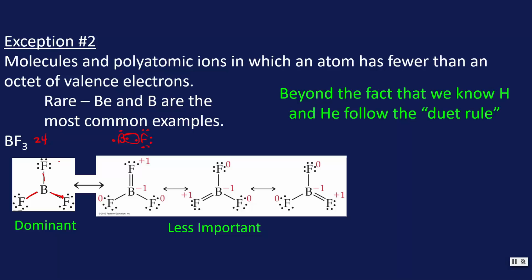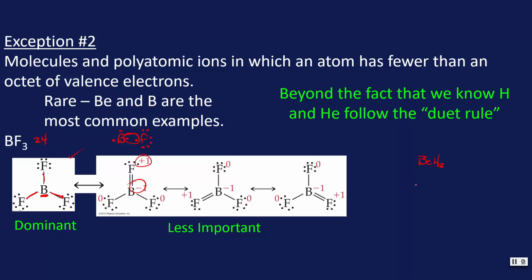We have the perfect number of valence electrons, but boron doesn't have a completed octet. Now, other options include double bonding fluorine, which develops formal charges, and fluorine doesn't like to double bond, so these aren't very predominant structures. This one is.